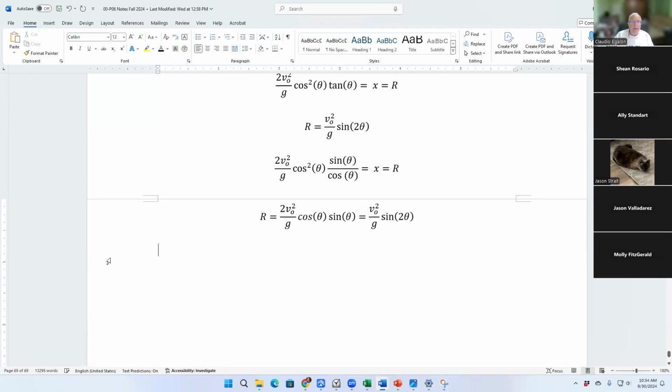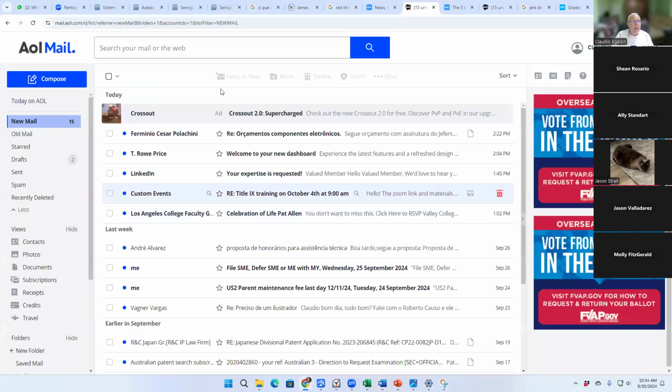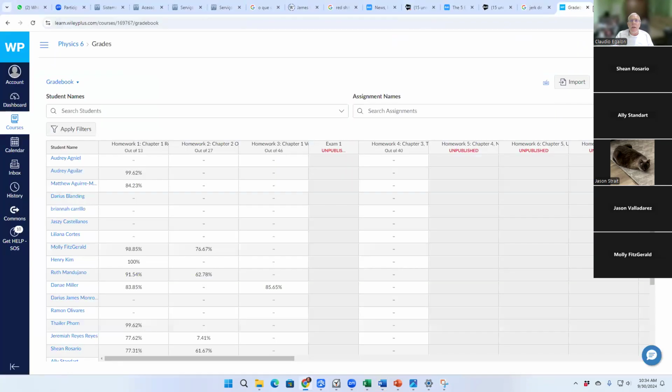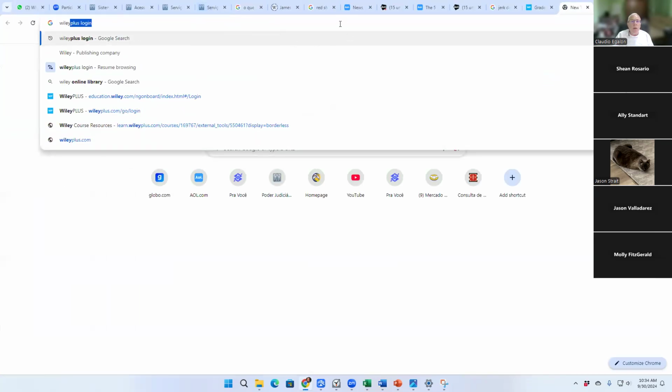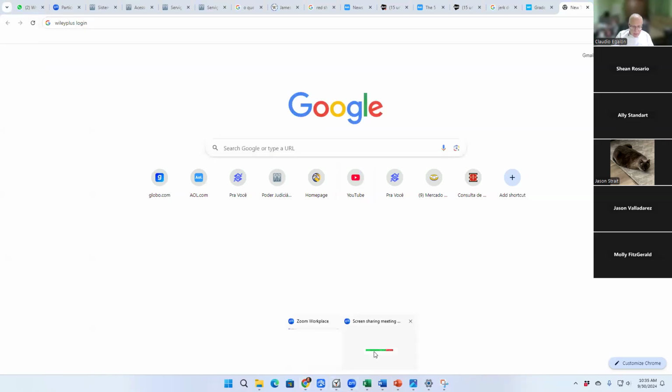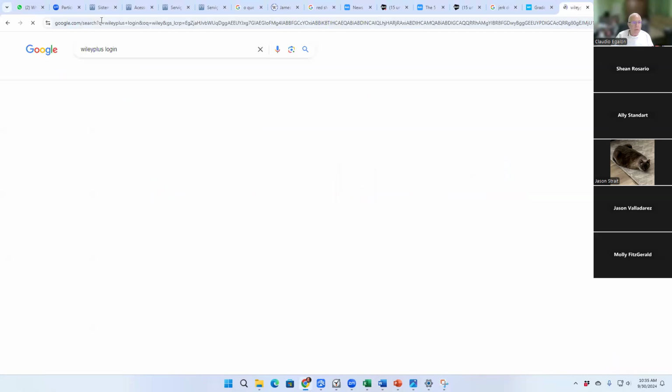Let's see if I'm forgetting anything there in the book. Let's take a look here. Wiley plus. Let me see. Any questions? Take this chance to ask any questions if you have. And let's go to Wiley plus.